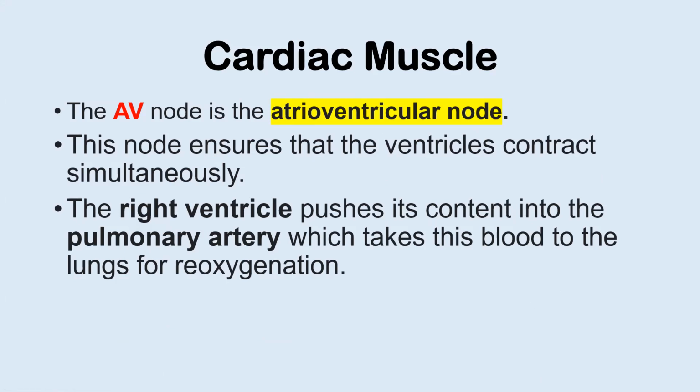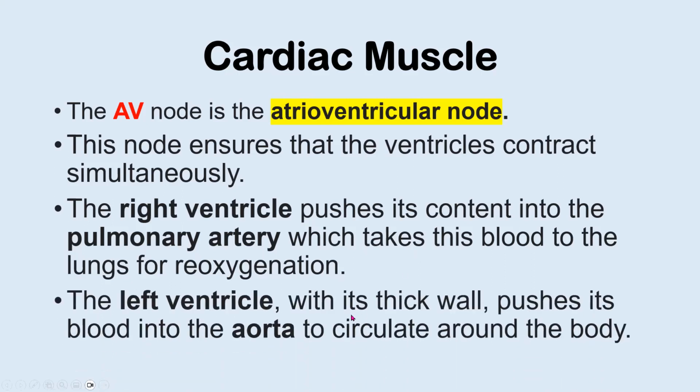So carbon dioxide is removed in the lungs, and oxygen replaces it. The right ventricle doesn't have to have a thick wall because it doesn't have far to push the blood. The lungs are very close. But the left one has to push strongly enough to go right through the whole body.